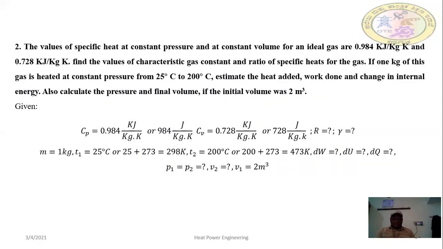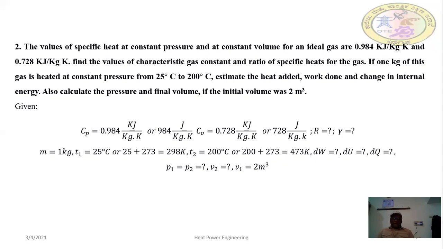One more problem is given. You may work out this problem on your own. I'll read it out. The values of the specific heat at constant pressure and at constant volume for the ideal gas are 0.984 kilojoules per kg Kelvin and 0.78 kilojoules per kg Kelvin.